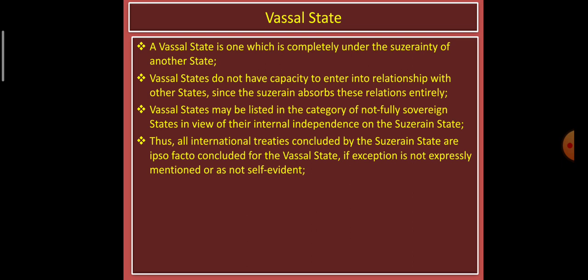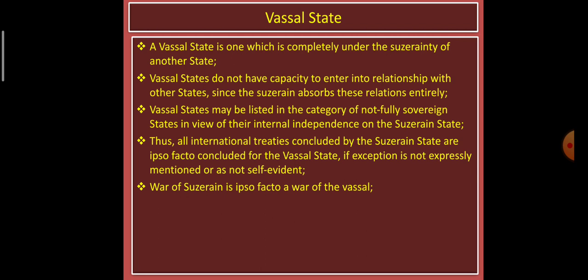Thus, all international treaties concluded by the suzerain state are ipso facto concluded for the vassal state, unless an exception is expressly mentioned or is self-evident. If it is not mentioned, then it is by default concluded for the vassal state.